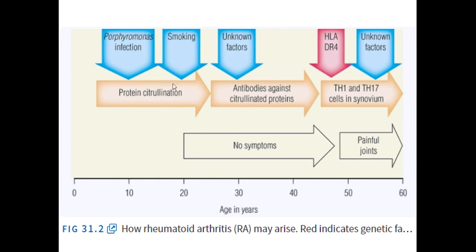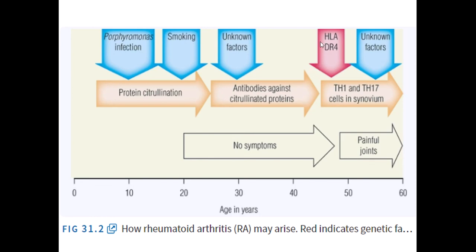You have to know these virulent factors, or the damaging factors related to the cytokines that are produced. And the antibodies, for example, in the treatment against the citrullinated proteins, they play a major role in the treatment.